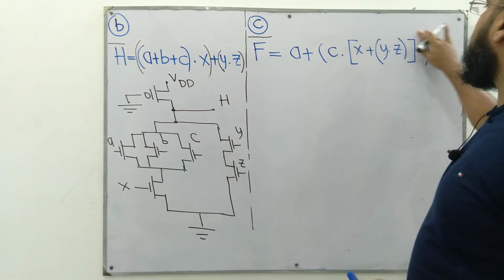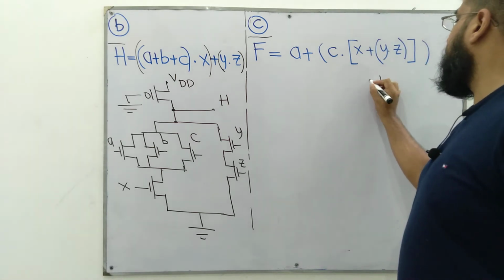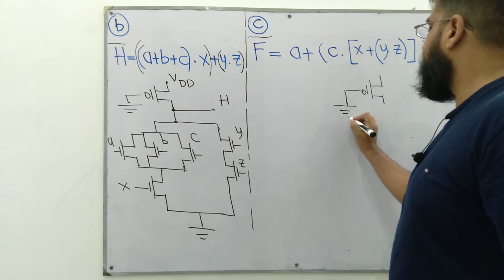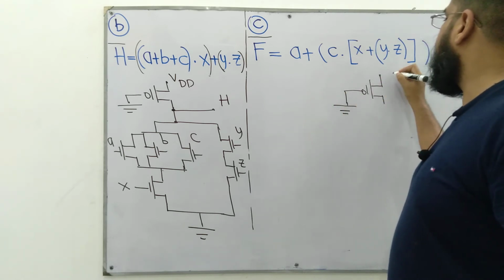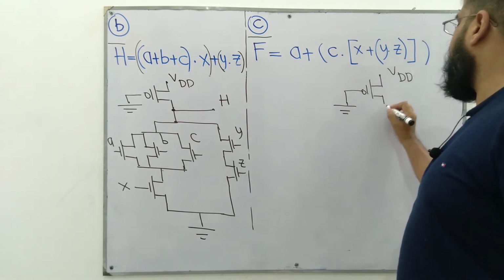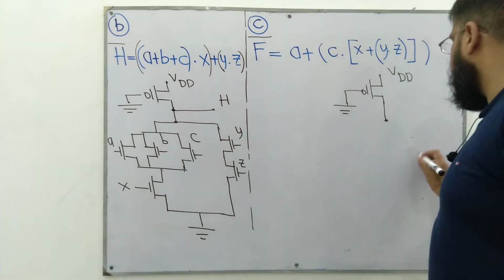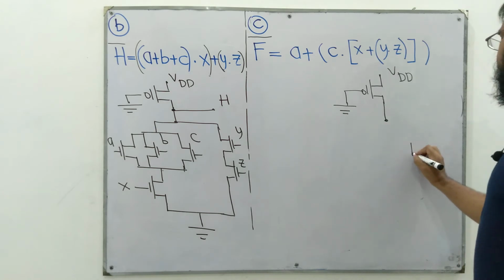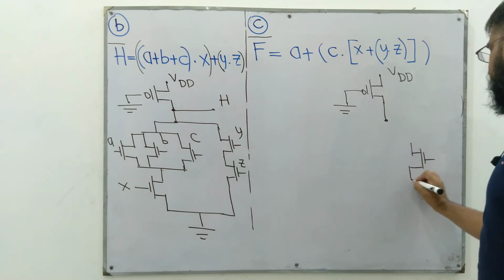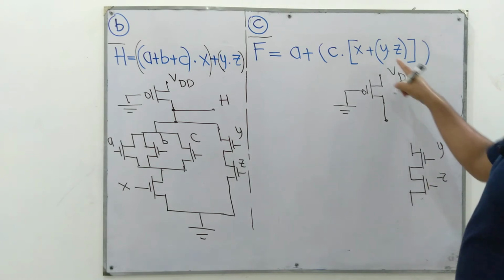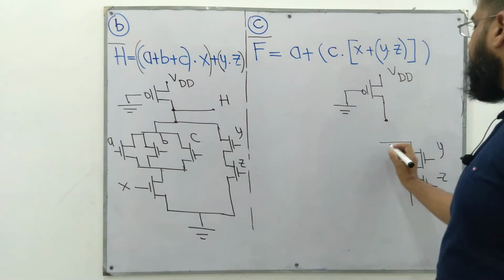So we have to use its complement to implement the nMOS array. So this is the PMOS array. To implement the nMOS array, we first need Y dot Z. Y dot Z is implemented like this, and then we have to add an X to it.